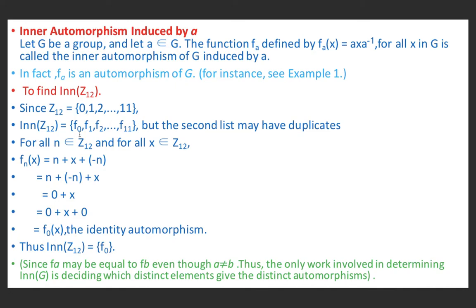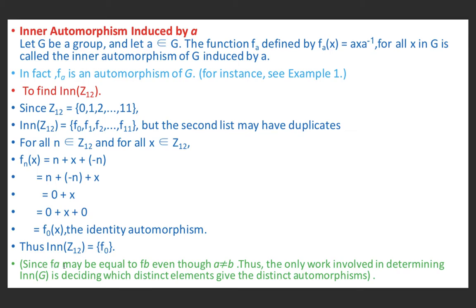So that's why I have mentioned that this list may have duplicates. These elements may not be unique. So the inner automorphism of Z12 is equal to the singleton set {F0}, and this is the identity automorphism.